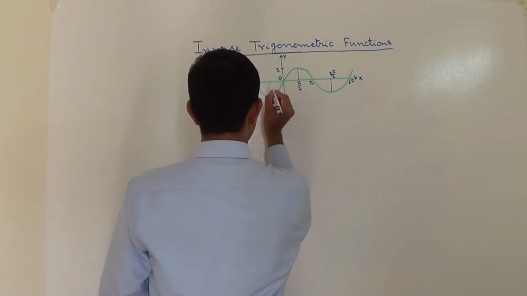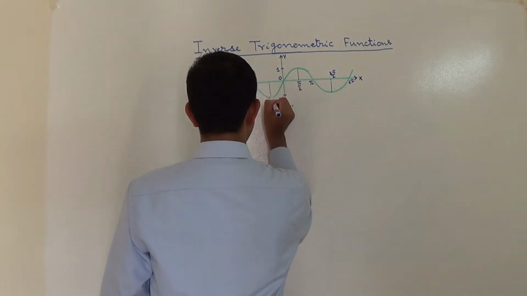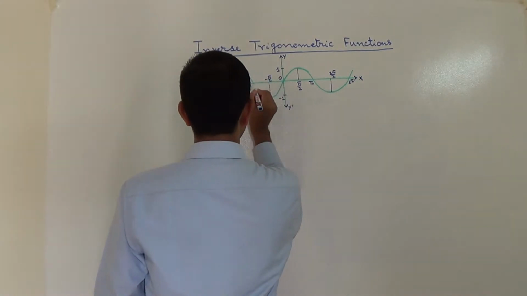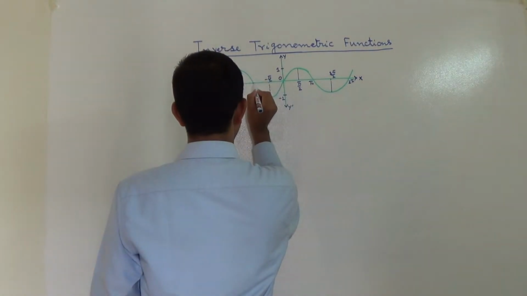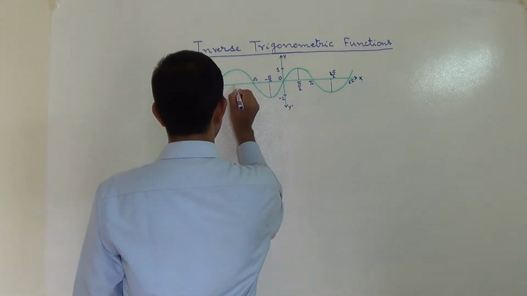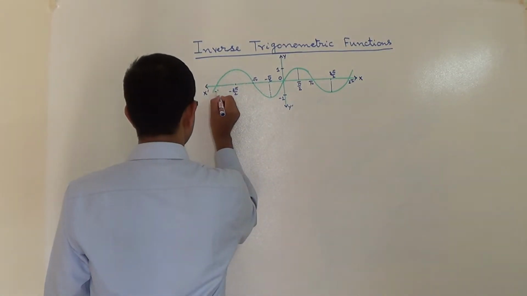Similarly, in the negative direction of the x-axis, sine attains the minimum value minus 1 at minus pi by 2. Then the value 0 at minus pi, then the maximum value, that is 1, at minus 3 pi by 2, and again the value 0 at minus 2 pi.